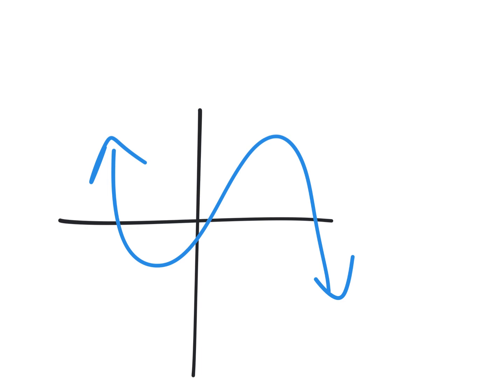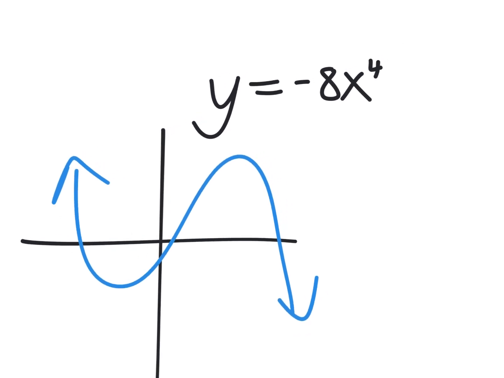So the right end is down. What does that mean about the equation? I know that this equation could not be this for two reasons. That is impossible to be the right answer. Why?